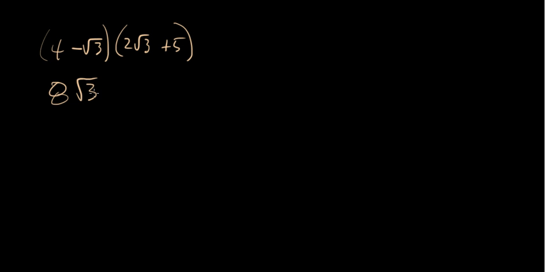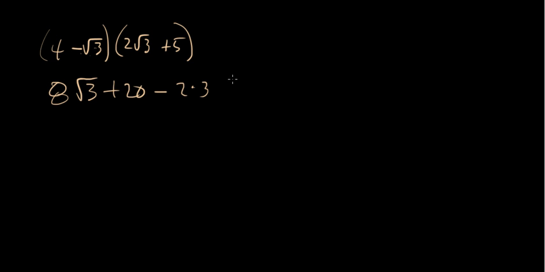And this one we've got 4 minus the square root of 3 times 2 square root of 3 plus 5. And 4 times 2 square root of 3 is 8 square root of 3. 4 times 5 is 20. Negative times a positive is a negative 2 times 3, because square root of 3 times square root of 3 is 3.